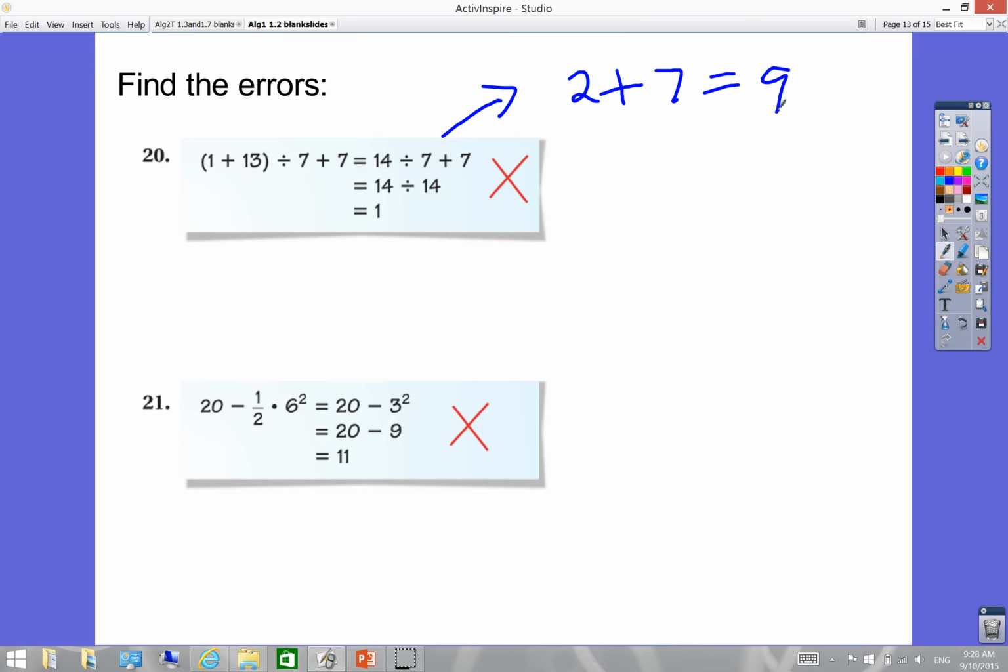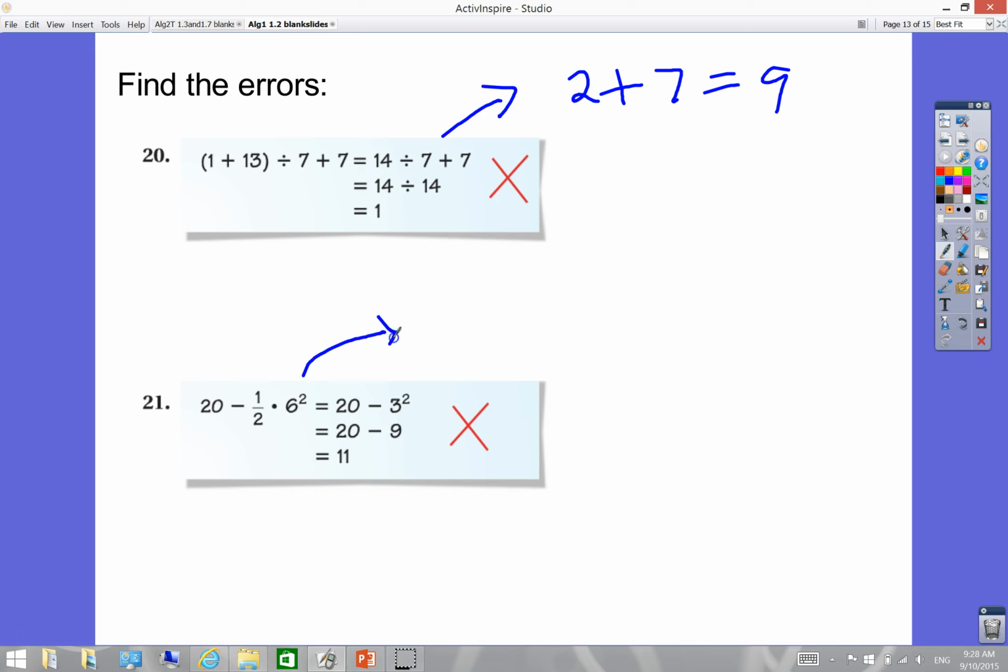Let's see this one. First thing they should have done is 6 squared because of the exponent. But it looks like they went from this line to this line by doing 1/2 of 6. So they multiplied before the exponent, and according to PEMDAS, we should have done the exponent before the multiplication.